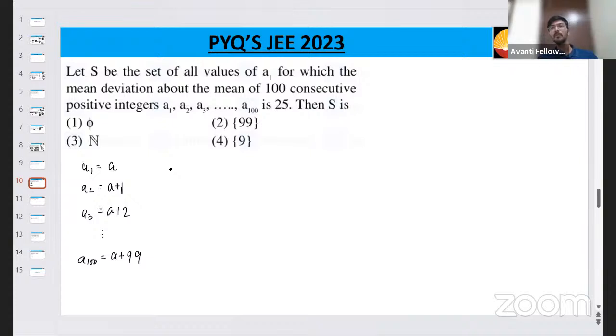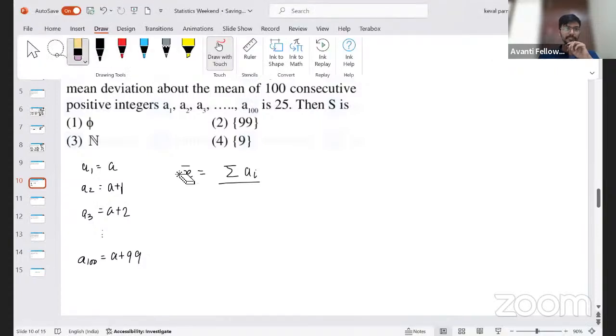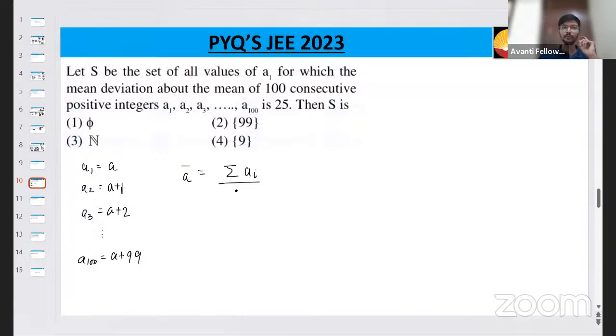Mean deviation about mean. So first we have to find the mean. What is the mean? Summation ai upon total observations, let's say this is A bar, right? Notation will be correct. Total observations 100.